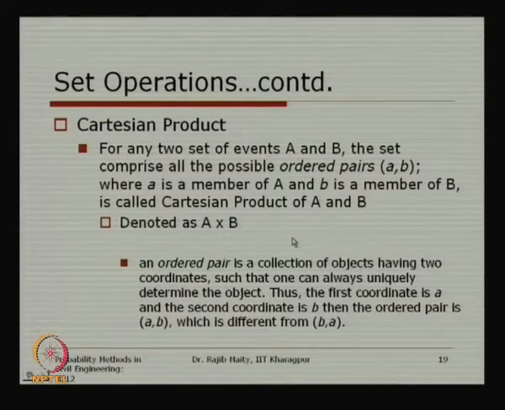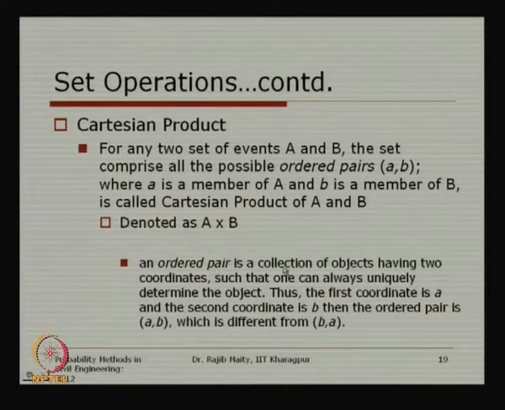The second one is the Cartesian product. For any two sets A and B, the set comprised of all possible ordered pairs, which is a new term we will explain in a moment, (a, b), where a is a member of A and b is a member of B, is called the Cartesian product of A and B, and is denoted A cross B. Now what is this ordered pair?